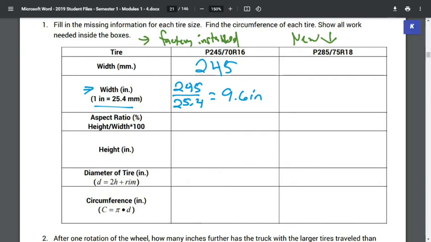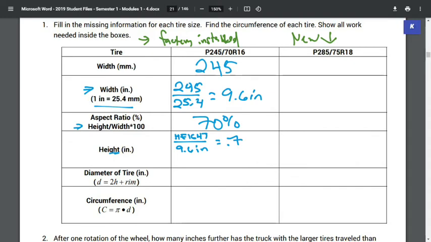Next is our aspect ratio, which is 70%. That was already given to us, so we don't have to do anything there. However, for the height, we are going to have to figure out what that's going to be. I'm going to write it as the aspect ratio has here: we're going to have our height over our width of 9.6 inches equals, and we're going to change this 70 into a decimal, which is going to be 0.7.